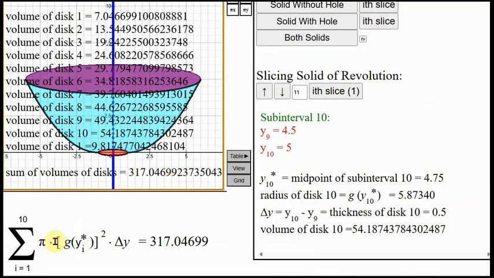In summation notation, we would write it as i running from 1 to 10, pi times the square of the radius, times the thickness of each slice, or the height of each cylinder. We'll get 317.04699.